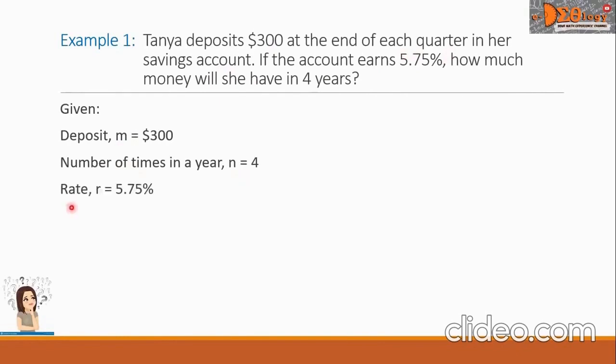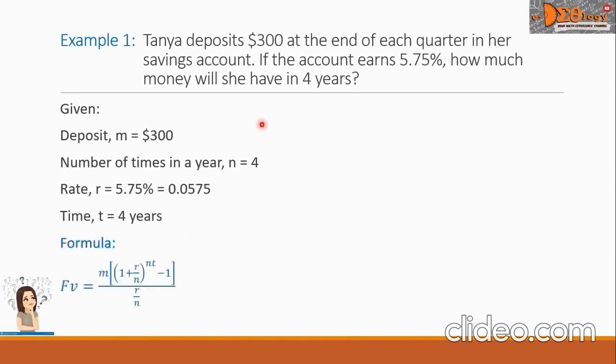The rate, denoted by R, is 5.75%, and we will convert this into decimal, and this is equal to 0.0575. The time, denoted by T, equals 4 years.